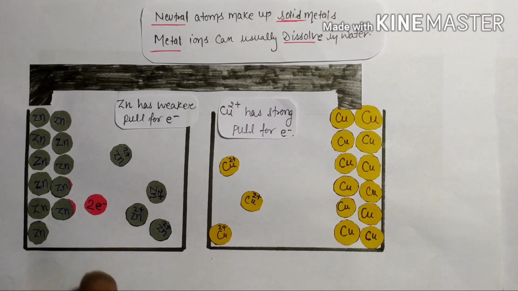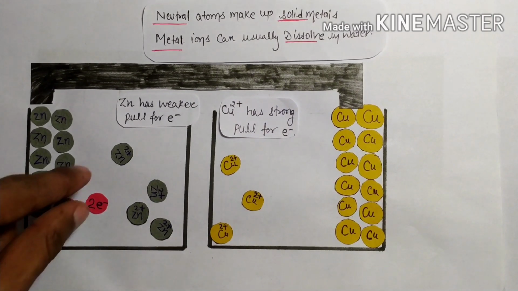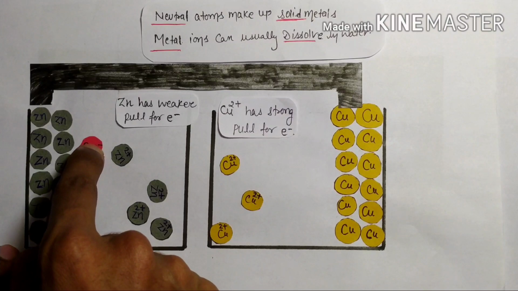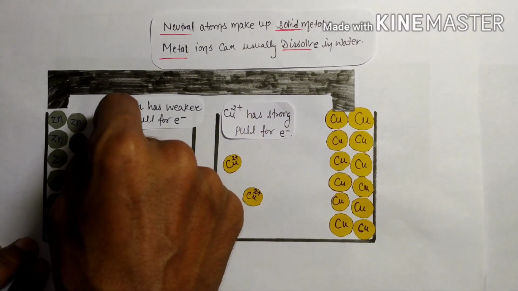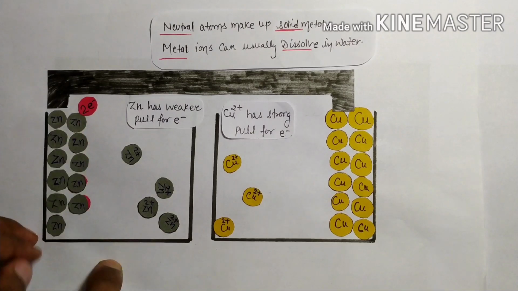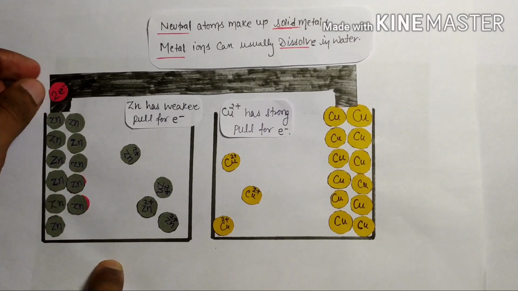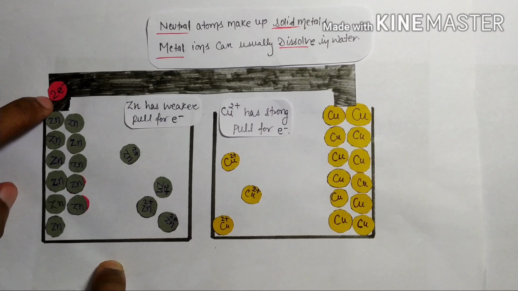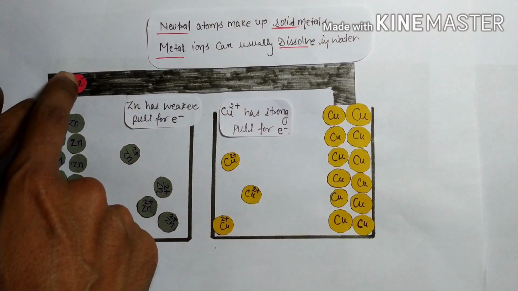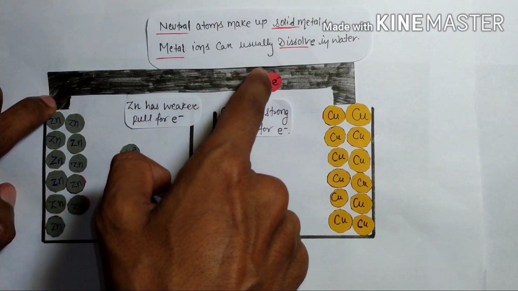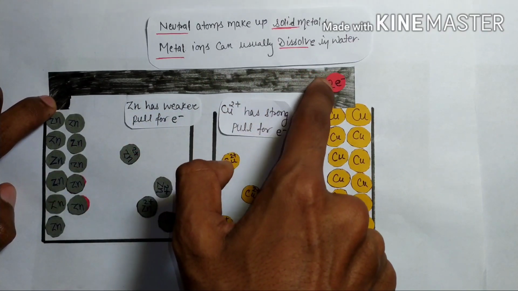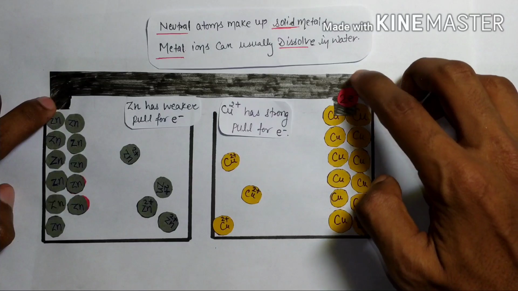Now these 2 electrons travel through the wire, this side, this side, and on to the other side.